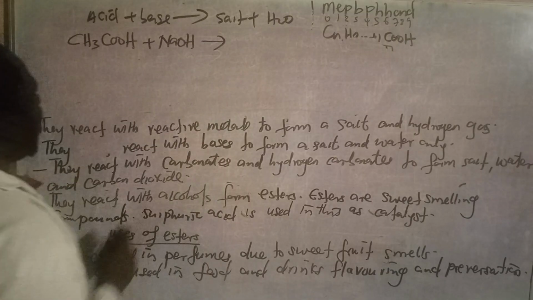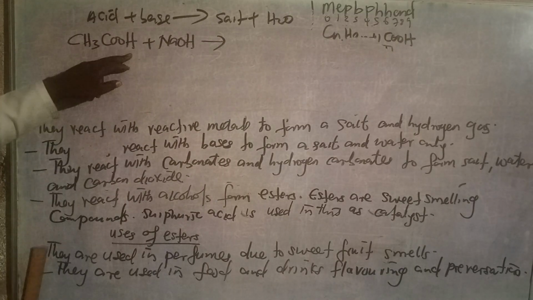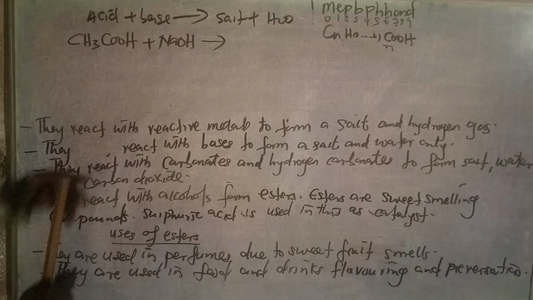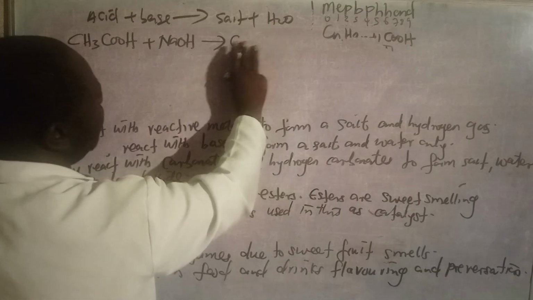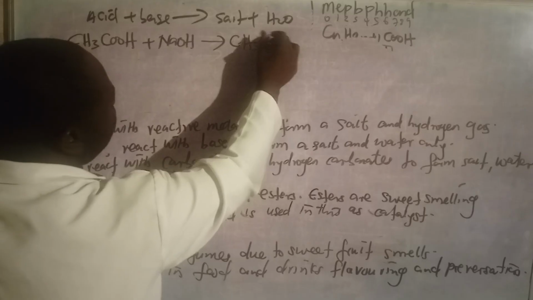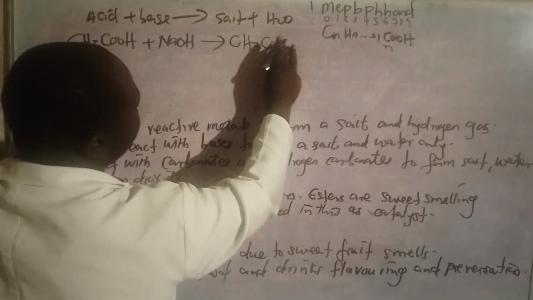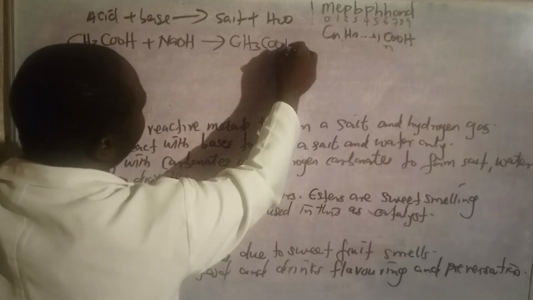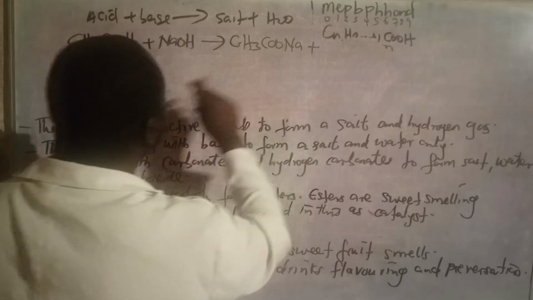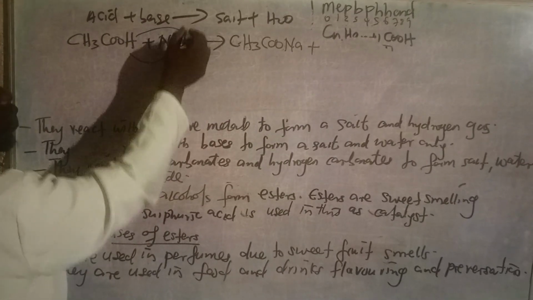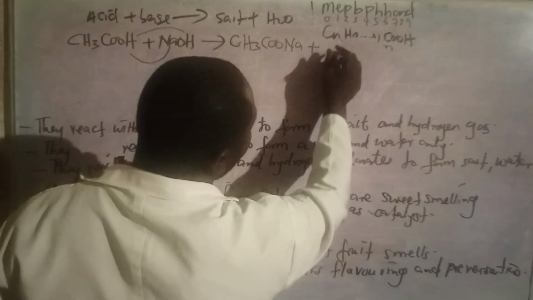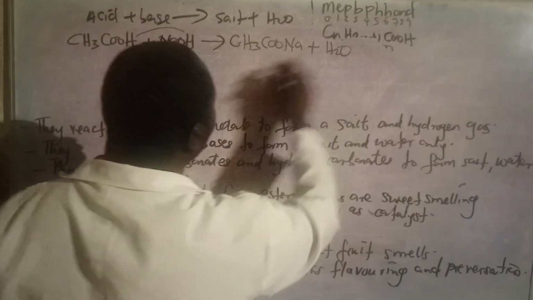Then plus the base, sodium hydroxide. Then the salt will be sodium ethanoate. So I'll start with CH3COO, then sodium, then plus this one replaced by this one. So this one will react with hydroxide, so it will be plus water. So this will come up with the equation.